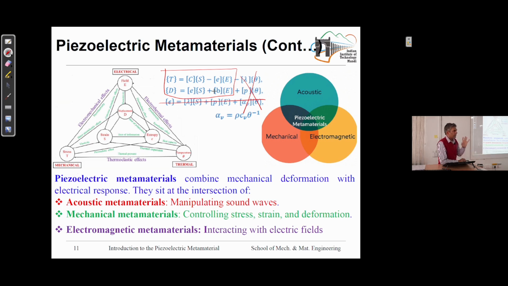But piezoelectric metamaterials are actually the interface between these three domains: acoustic, mechanical and electromagnetic metamaterials, right? How it is, you can see from this picture. Of course, you are already aware of this from this discussion.